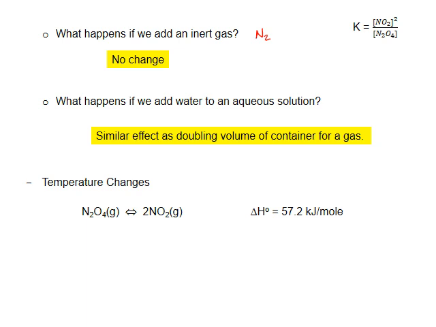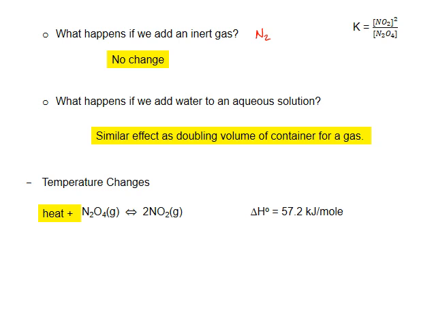Temperature changes for reactions are a little more complicated, and the resulting shift depends on whether the reaction is endothermic or exothermic. In this case, we had an endothermic reaction with a positive value of delta H. Remember that endothermic reactions can be written with heat as a reactant. Le Chatelier's principle says that whatever stress we put on a system at equilibrium, the reaction will shift in a direction that tries to undo the change that we've made.